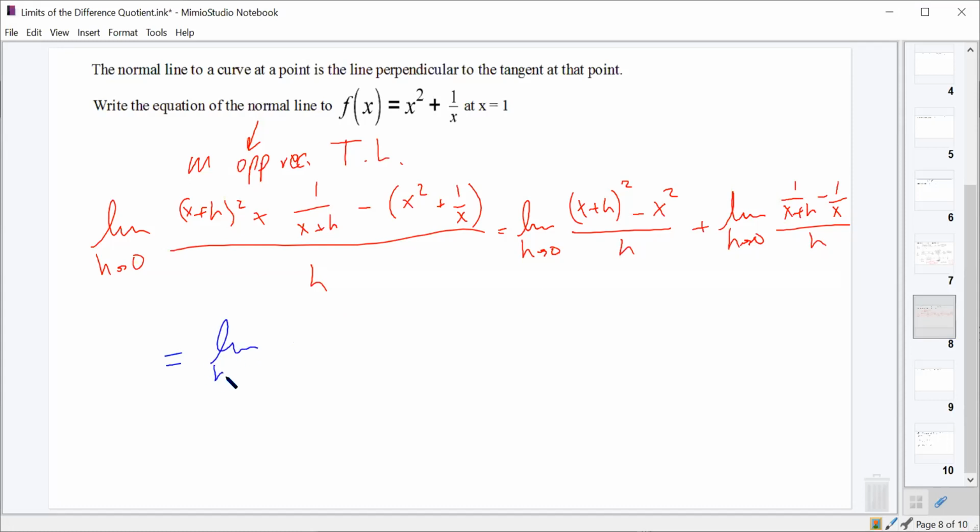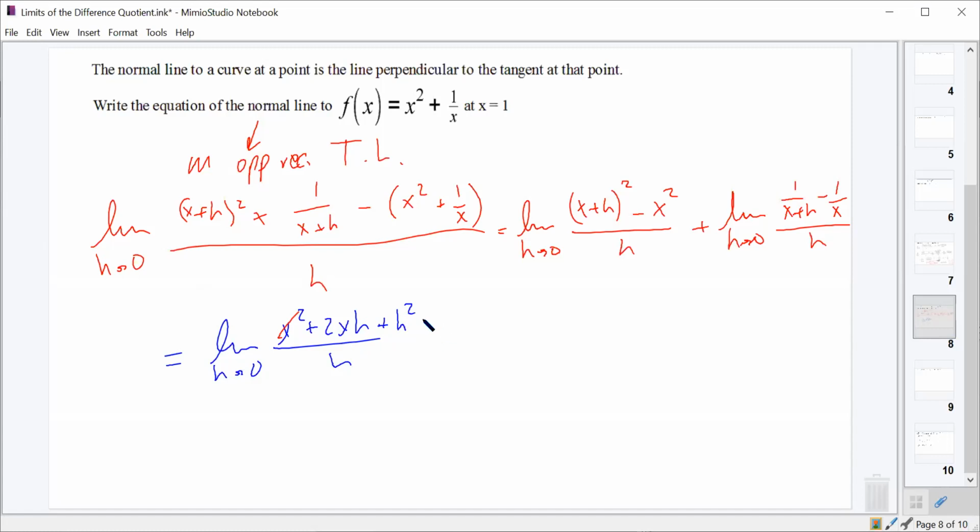We'll do it again. The limit as h approaches 0 of x squared plus 2xh minus x squared over h. And we can cancel out the x squareds. What about plus h squared? Oh, yeah, I don't know why I didn't write the h. I'm struggling this morning. Probably because I'm trying to get us caught up and I'm trying to go too fast.